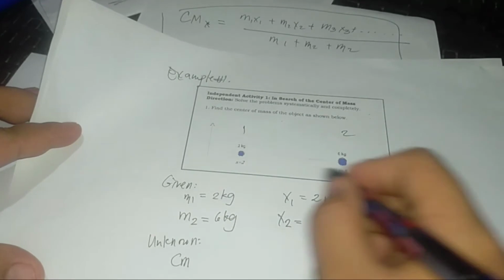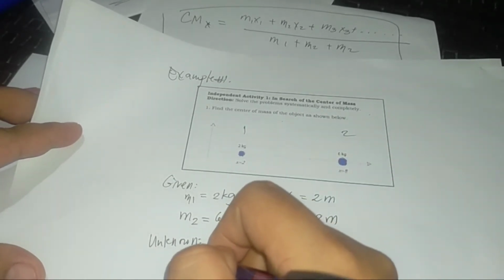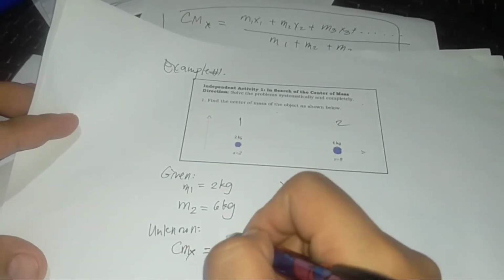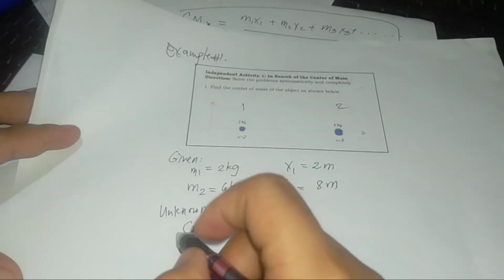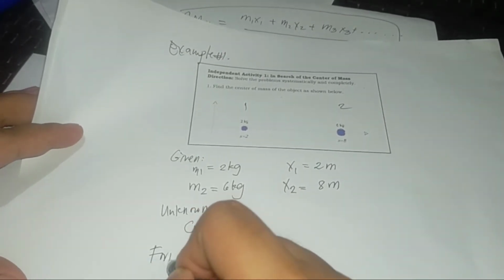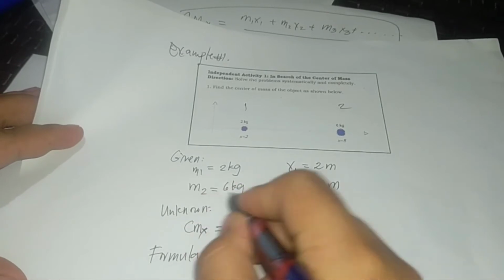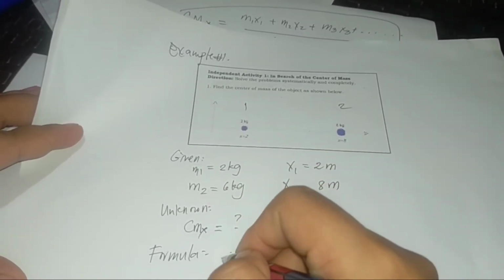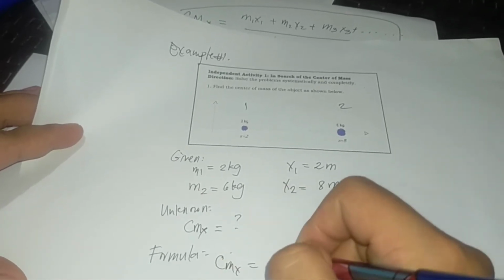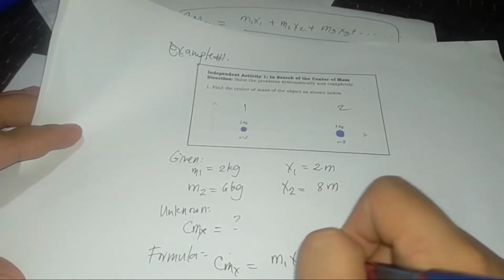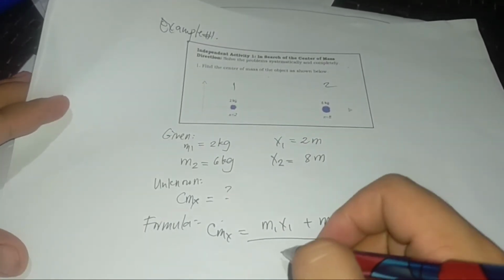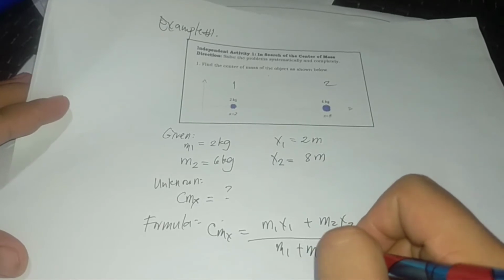Since this one is horizontal, this will be the center of mass in x, unknown. Next, the formula: since we only have two objects in the illustration, CMx is equal to m1x1 plus m2x2 divided by m1 plus m2.